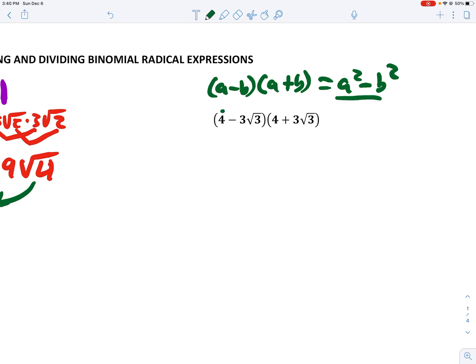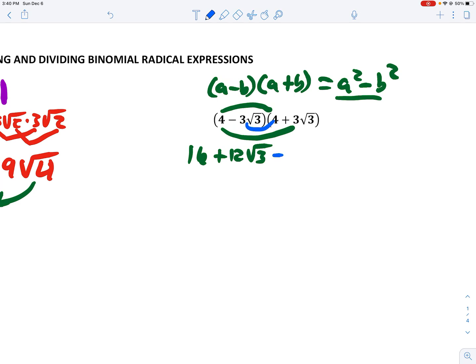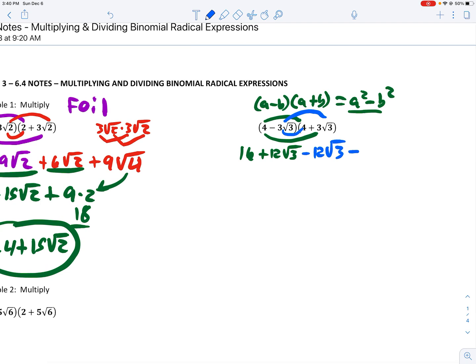But let's say you didn't, so 4 times 4 is 16. 4 times 3 root 3 would be 12 root 3. Then we distribute minus, so minus 12 root 3, and then minus 3 root 3. So 3 times 3 is 9. Root 3 times root 3 is root 9. And now I just, again, combine like terms and simplify.